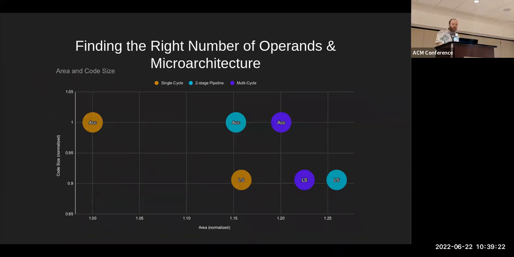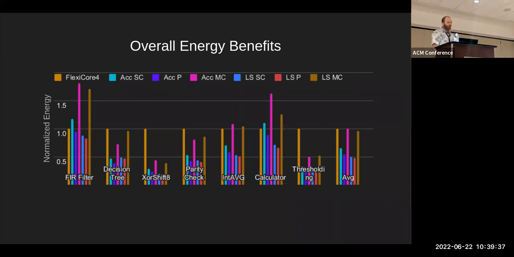Interestingly, the 2-stage accumulator design is actually smaller than the multi-cycle design, as the overhead of the controller and additional registers in the multi-cycle design were larger than the addition of pipeline registers in the 2-stage design. Unsurprisingly, this also reflects in energy trade-offs. To evaluate how these designs do in terms of energy, we ported the benchmark kernels to each of the new machines.